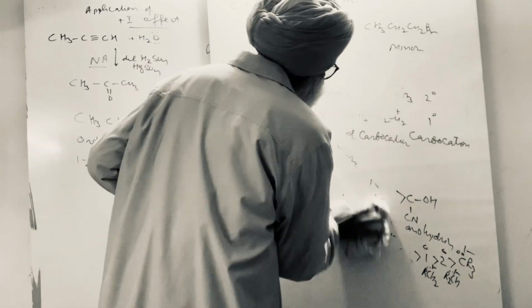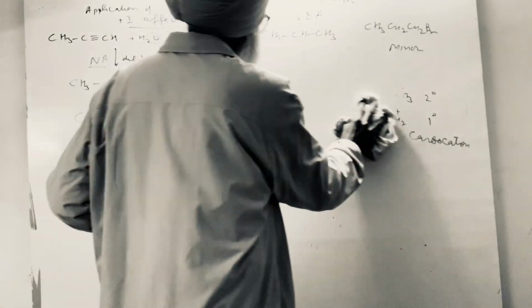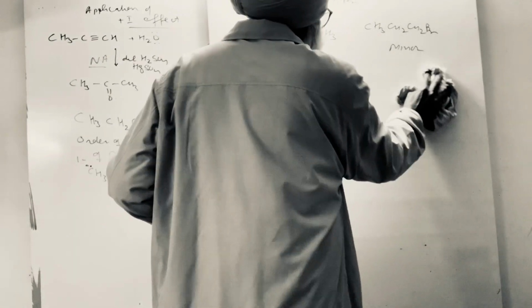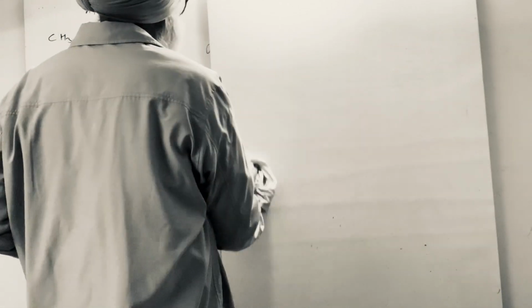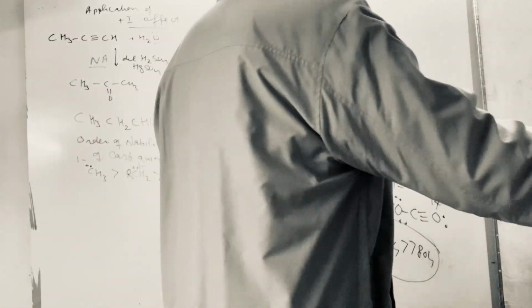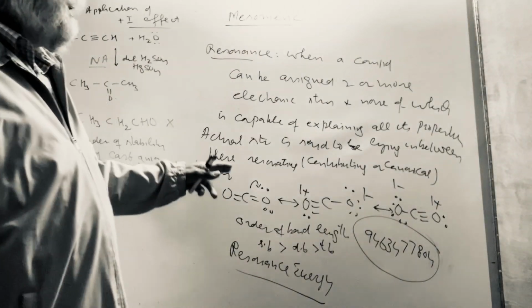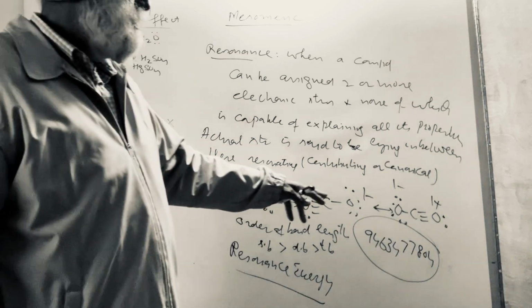In resonance we have seen that when a compound can be assigned more electronic structures, none of which is capable of explaining all its known properties, the actual structure is said to be lying in between those structures. We have seen the example of carbon dioxide. Here you are having three structures.